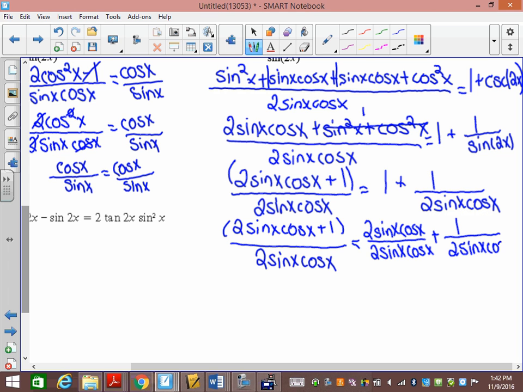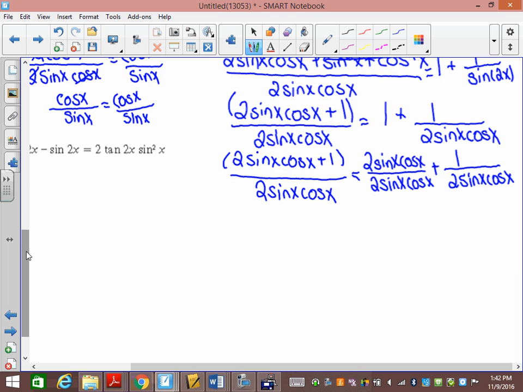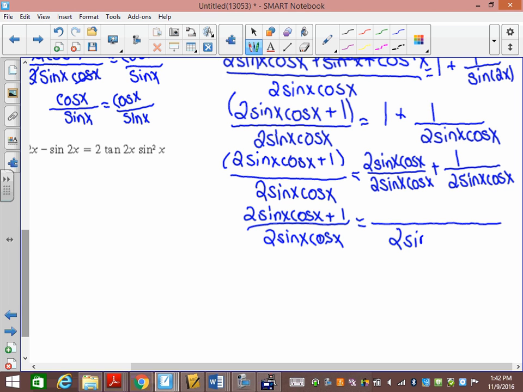And now you'll see that they're actually going to be the same. This side just rewrite. This whole side could be over. And on the top I have 2 sine x cos x plus 1.